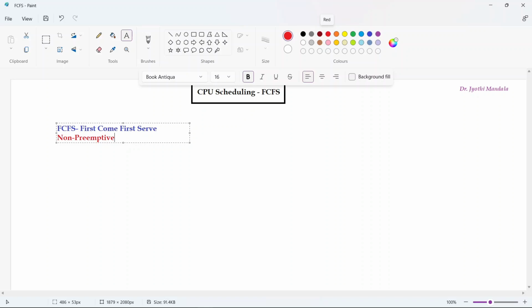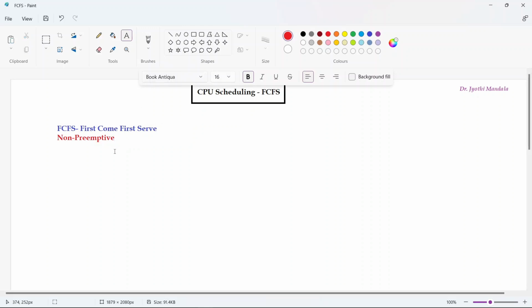So to understand this even more clearly, let us take one example and we will solve that one. Okay, so I will take 5 processes, one problem, and we'll understand that one. Just note down this problem, all of you.